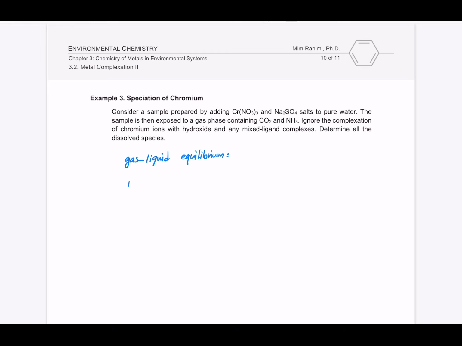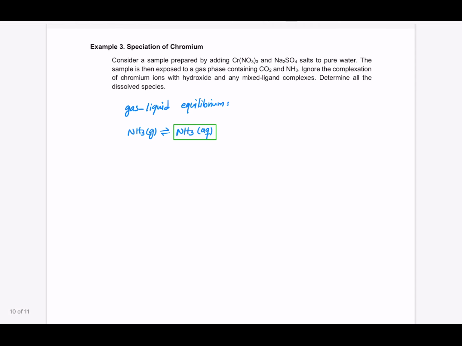When we have ammonia in the gas phase, it brings ammonia to the aqueous phase. So that's one species that we have in the solution, introduced from the gas phase.